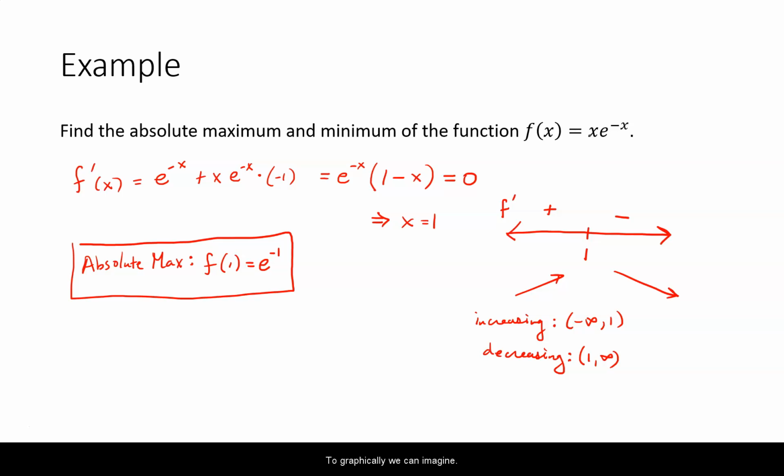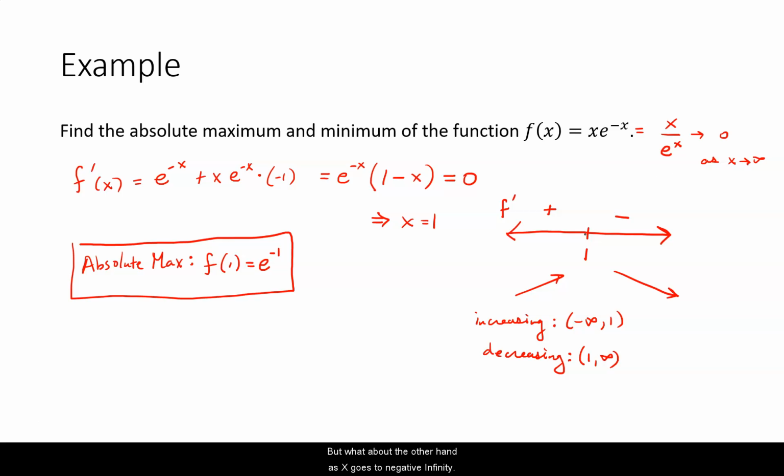Graphically we can imagine that as x goes to the right forever, we get something that's going to approach 0, because one way I might visualize this is you've got x over e to the x. As x goes to infinity, e to the x is going to grow much more rapidly than x. So this is going to approach 0 as x goes to infinity.